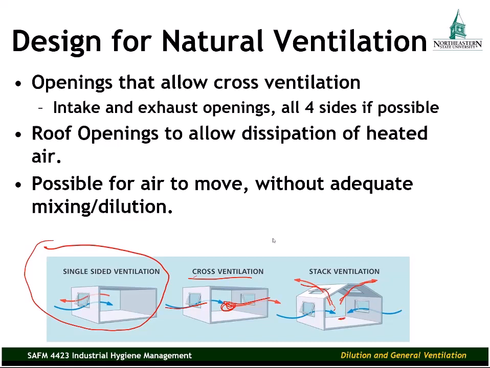To help overcome this potential problem, try to locate the workstations where the contaminant is generated in these air streams. Again, over here you'd want your workstations in areas that are going to be downwind of the supply air and upwind of the exhaust air.